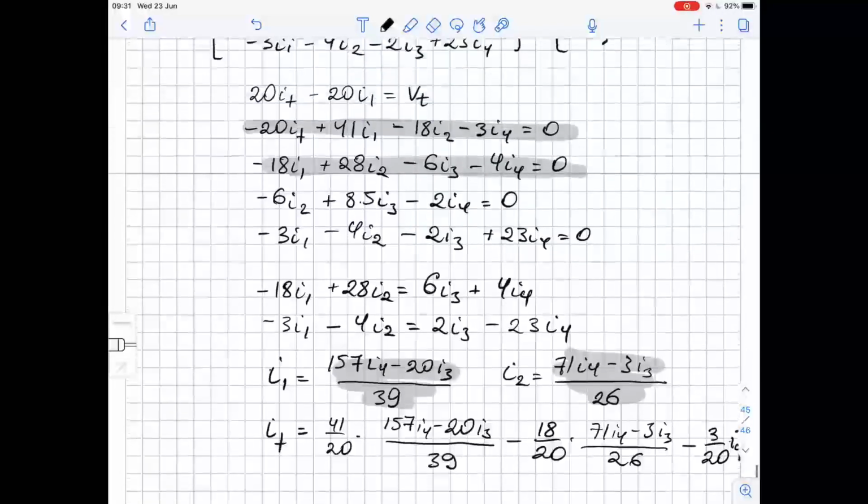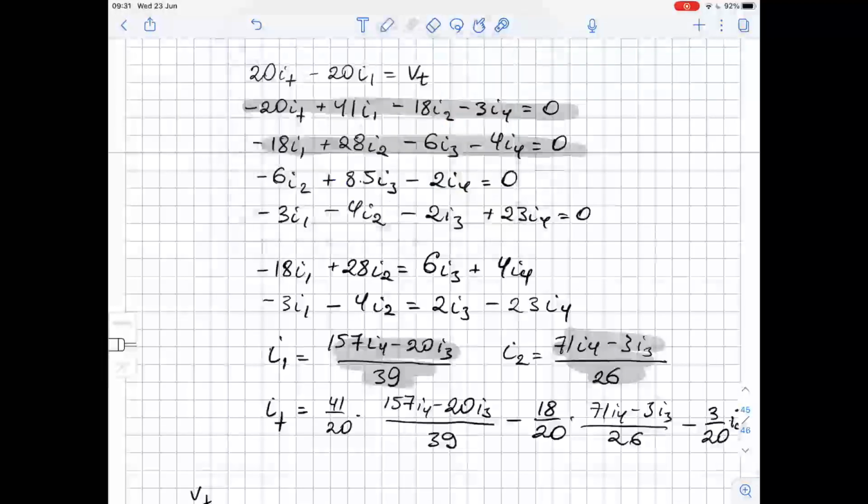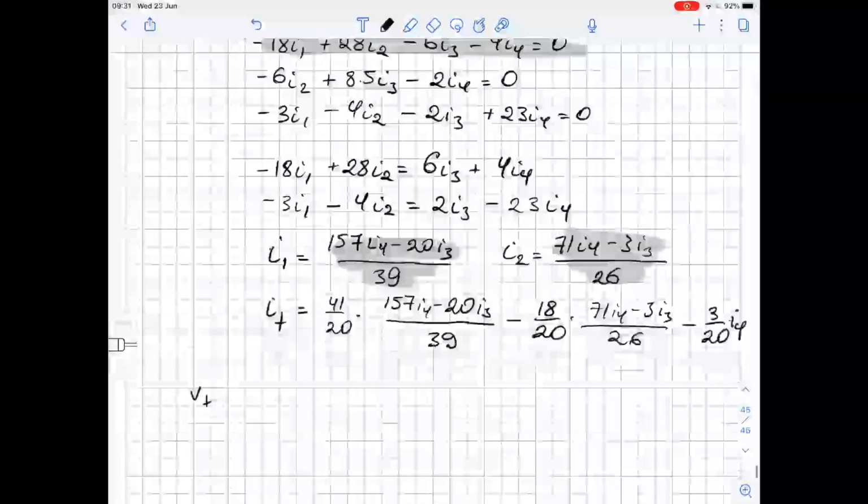So from our first equation, this one, we get that VT equals 20 IT minus 20 I1.